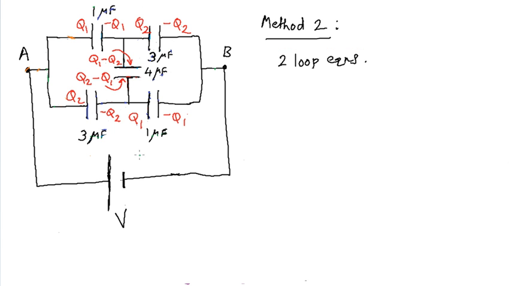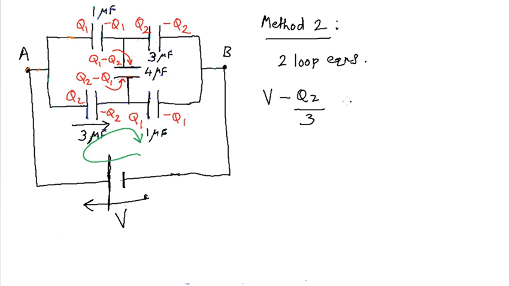So what I'm going to do now is travel in this bottom loop in the clockwise direction and apply the corresponding loop equation. So I begin from this point, and when I go through the battery, the potential difference rises by V, so that's my first term. Secondly, when I go through this capacitor from left to right, the potential difference is going to be minus Q2 divided by 3 microfarads.